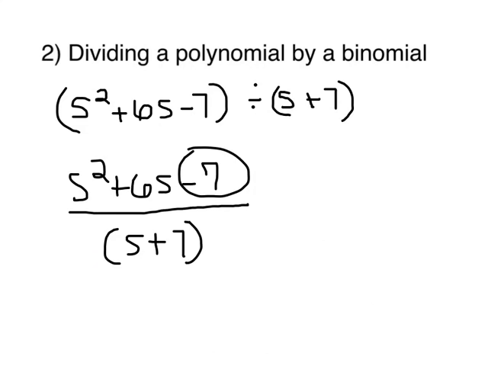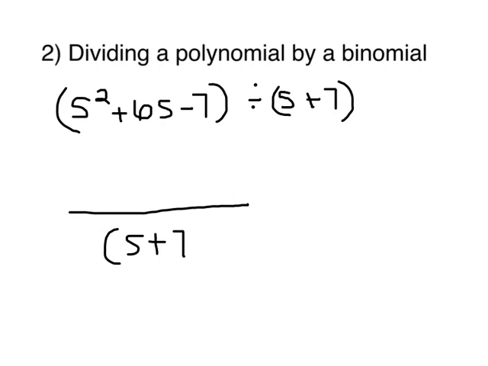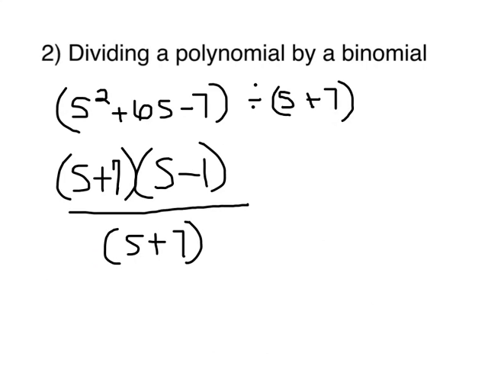Remember, we're looking for the factors of 7 that subtract to give us 6, which would be 7 and a minus 1. So let's factor that expression into s plus 7 times s minus 1. And now that this is factored, we can reduce. So our answer is s minus 1.